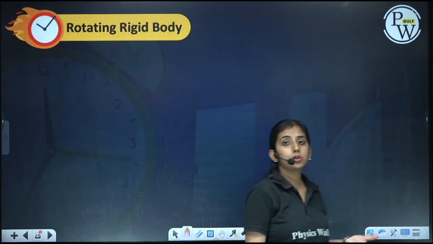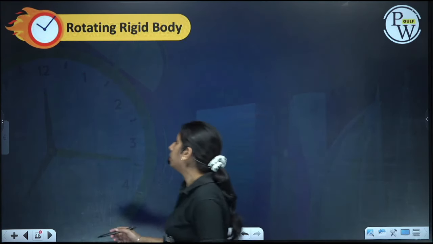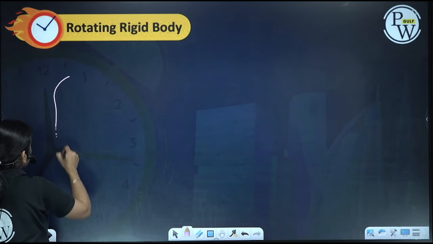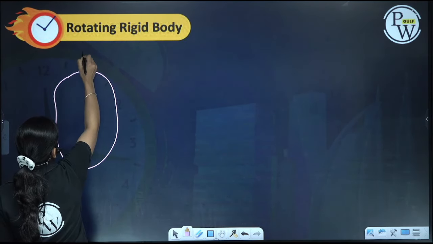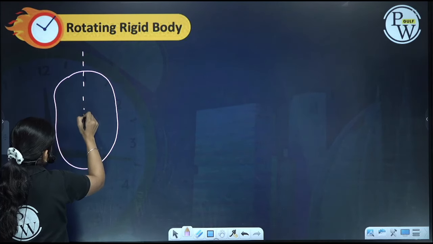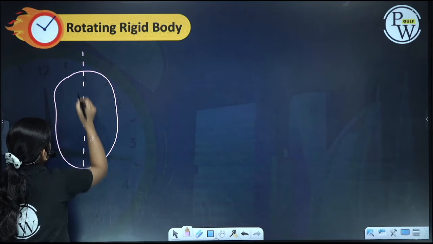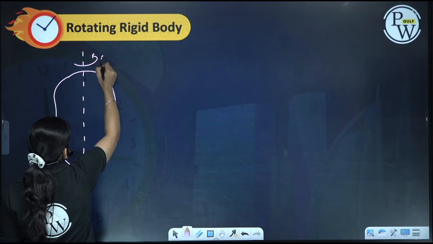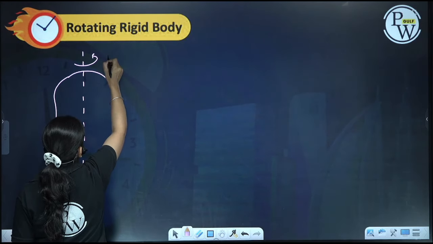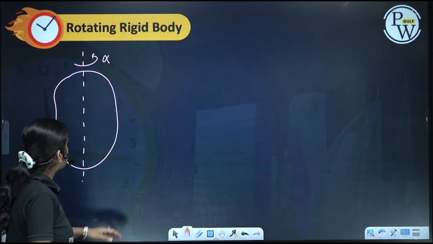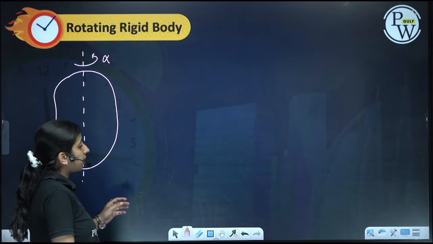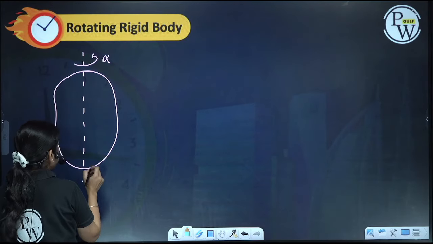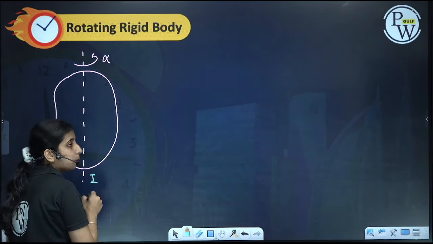Now let us come to dynamics of a rotating body. Suppose we have a body which is rotating with angular acceleration alpha about this axis, and the moment of inertia is I about this axis.